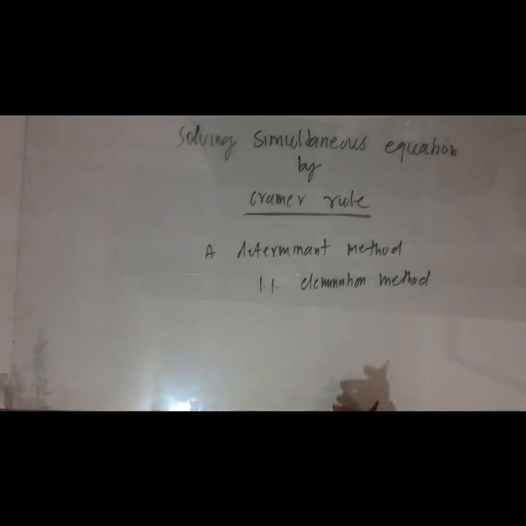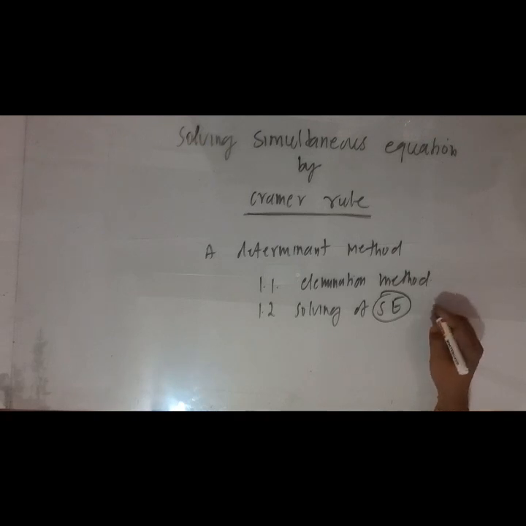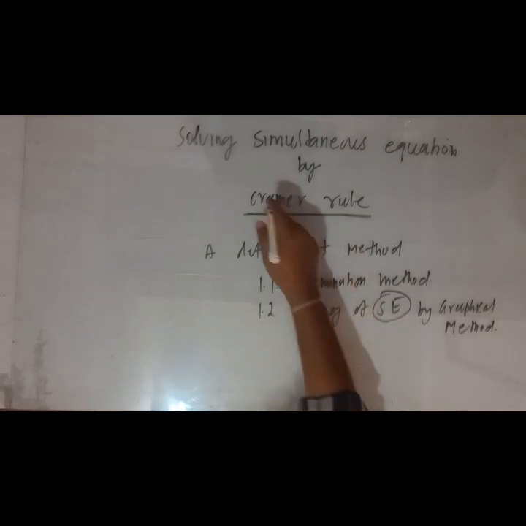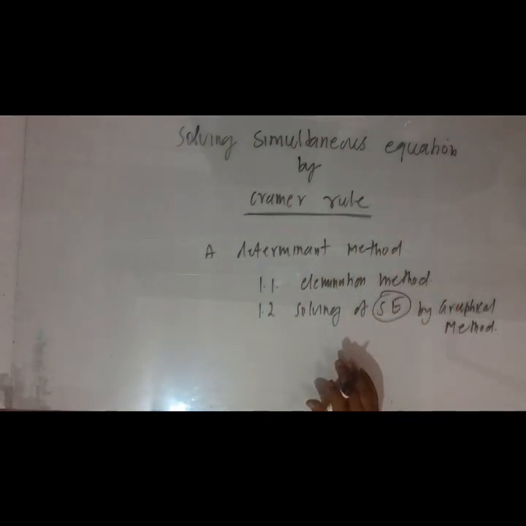In practice set 1.2, we have seen the solving of simultaneous equation, SE, by graphical method. And today we will be learning a new method, that is the Cramer rule. So, solving simultaneous equation by the Cramer rule.